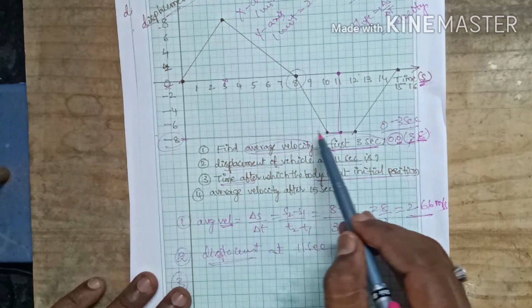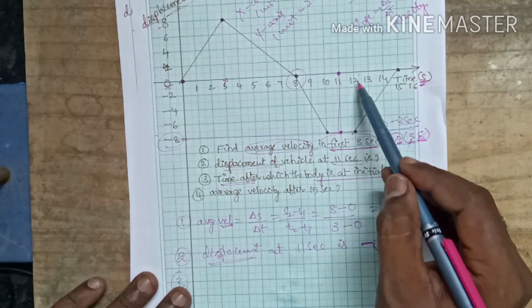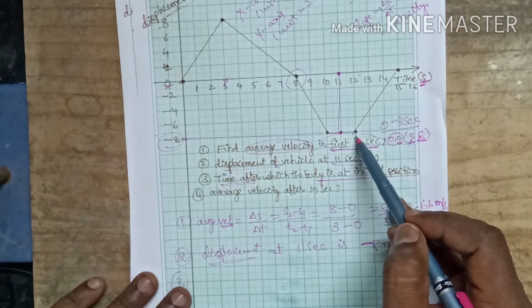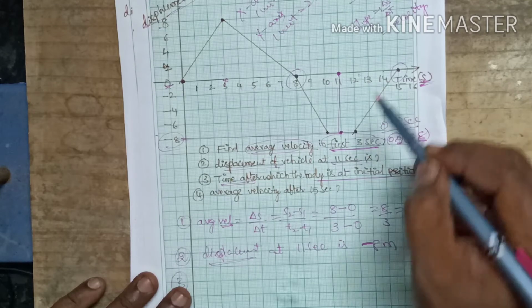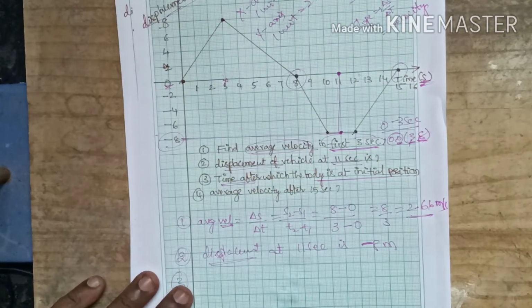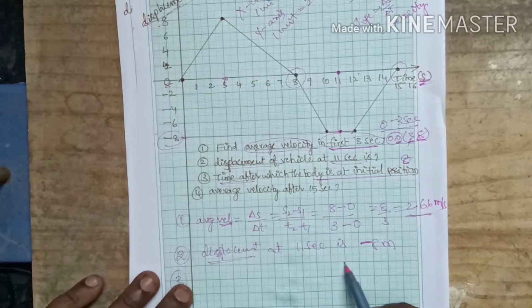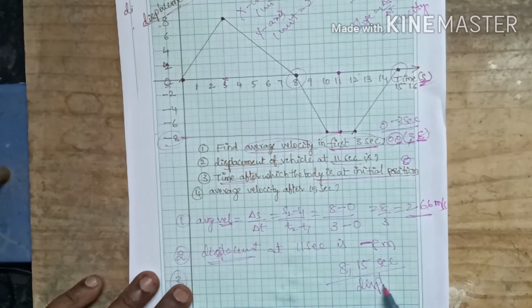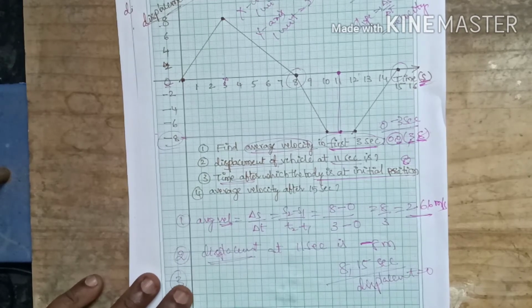Then at the 11th second it is minus 8, at the 12th second minus 8, and again the displacement is gradually increasing. By reaching the 15th second, the displacement becomes 0. This means at the 8th second as well as at the 15th second, the displacement is equal to 0.